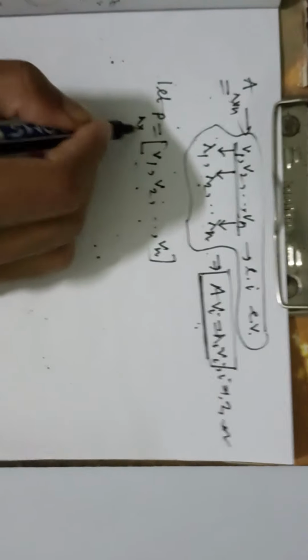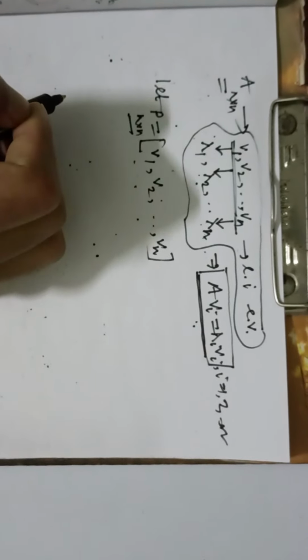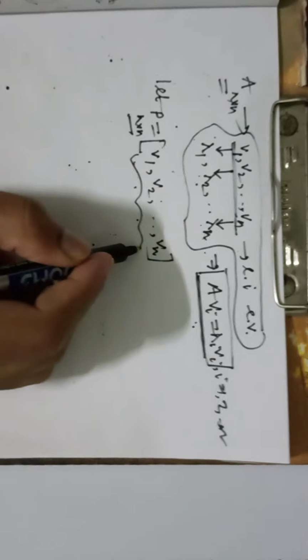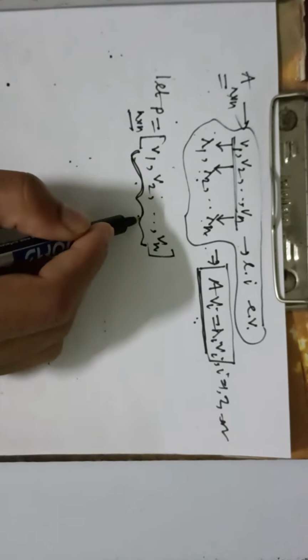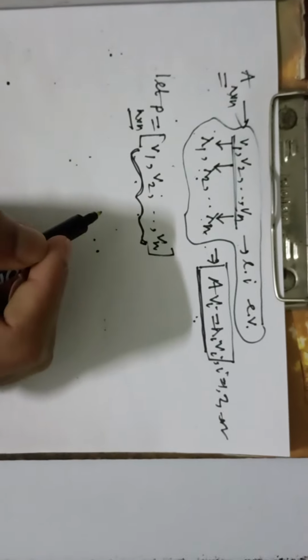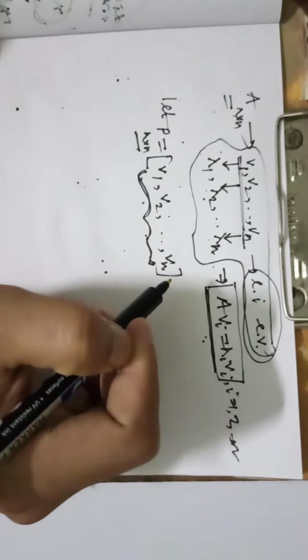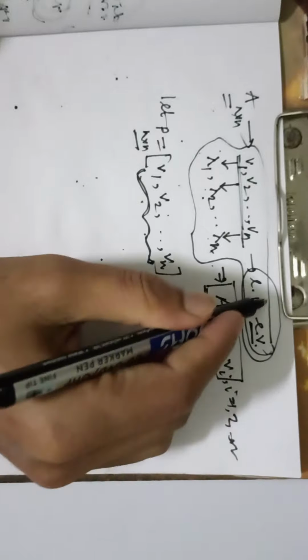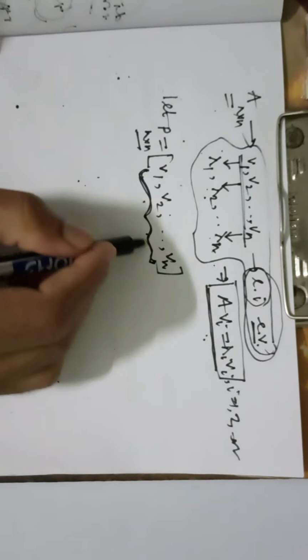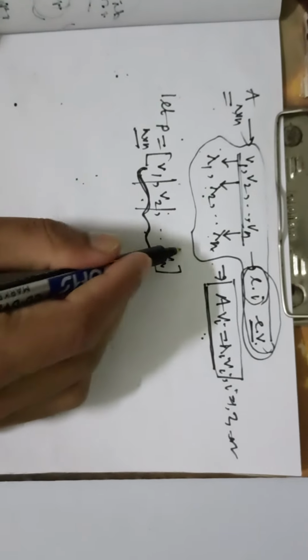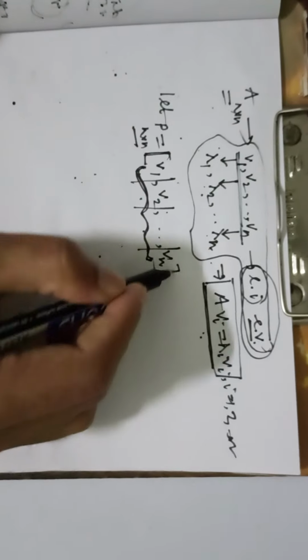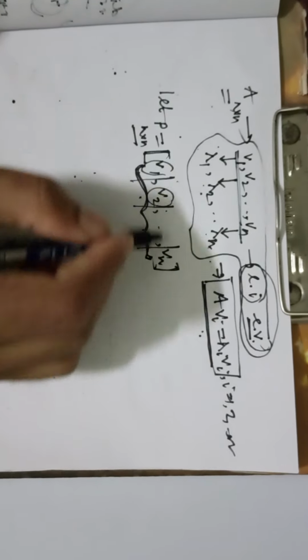Then obviously it is an n cross n matrix. But if I choose this P, what happens? Given that v1, v2, ..., vn are linearly independent eigenvectors, P is an n cross n matrix whose n column vectors are linearly independent.